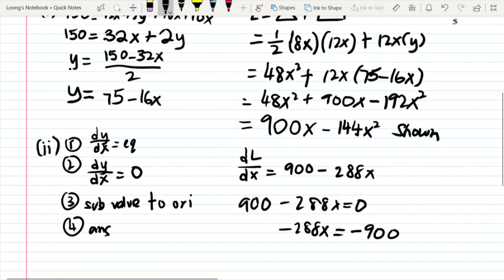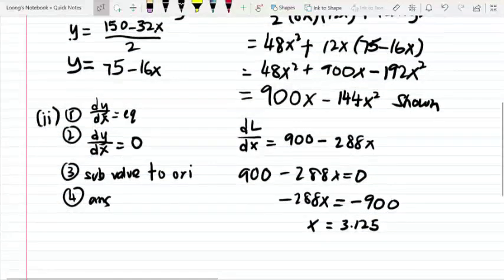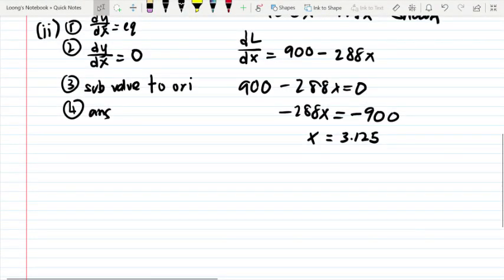We need to divide both sides, and what we will get is x equals 3.125, and substitute this value into the original equation.